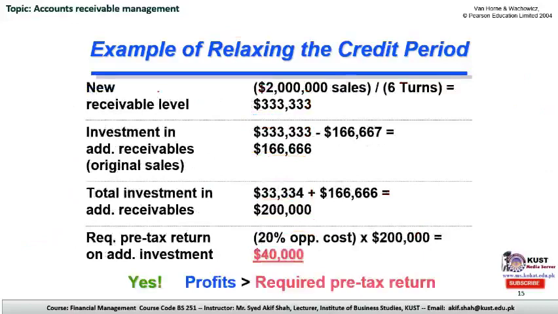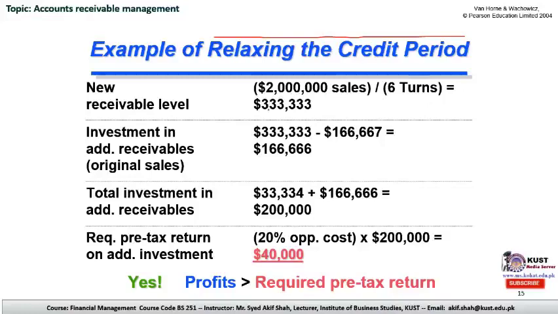After the policy change, this change in the policy is also applicable to the previous customers as well. So basically, after relaxing the credit period, our old customers will also be looking to pay out in the next 60 days.